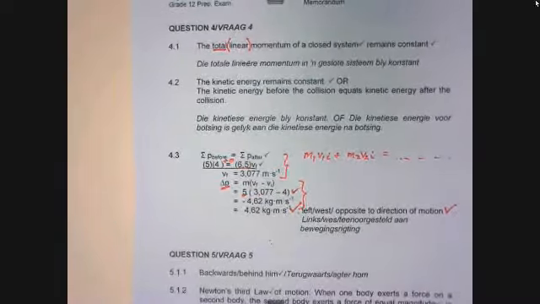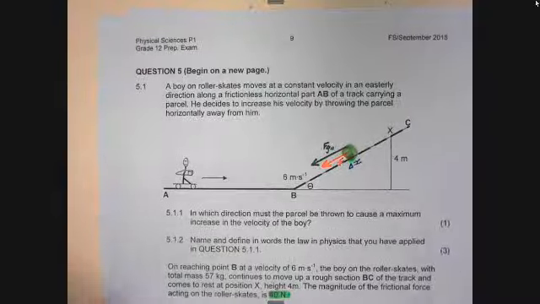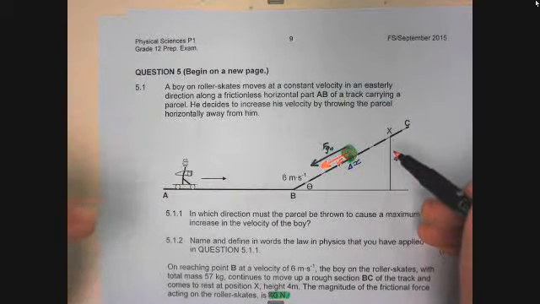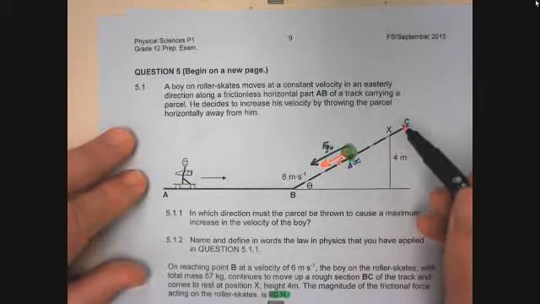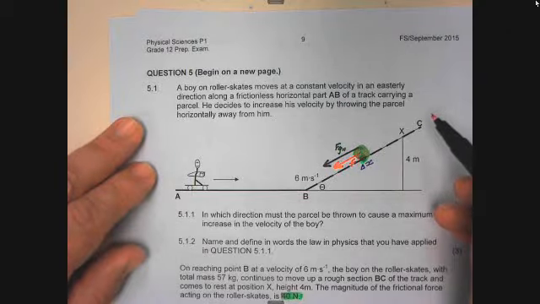Moving to the next question. This is a question that learners normally struggle with, especially because both questions refer to an inclined plane, or a calculation on an inclined plane. Let us look at question 5 and question 5.1.